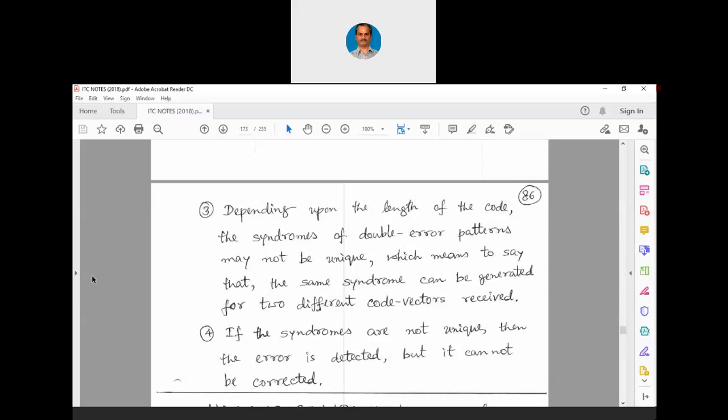If we don't want to have that, then we'll have to have different types of algorithms or different types of relationship between n and k as well. Now, if the syndromes are not unique, then the error is detected, but it cannot be corrected. This we have seen already. These are the four properties of syndrome.